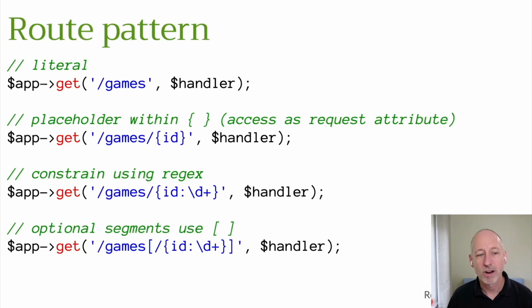We can constrain that ID via regex. So this particular example here, \d+, enables us to say that it's going to be a number only, or we could put it in square brackets to say that it's optional. So it may or may not exist, which is pretty flexible.